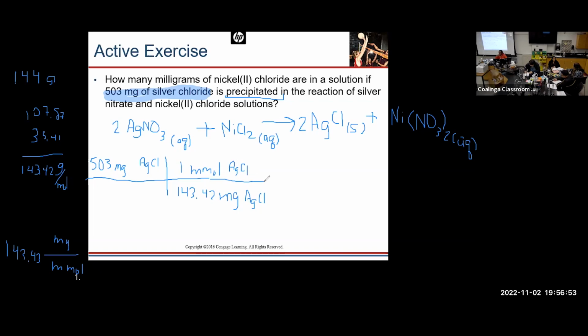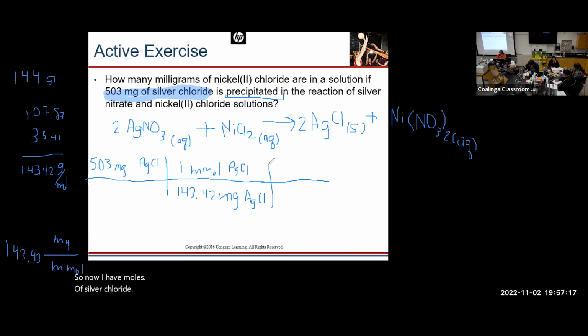Now this would work for kilo. Let's say if I had kilo, same thing. So now I have moles of silver chloride.